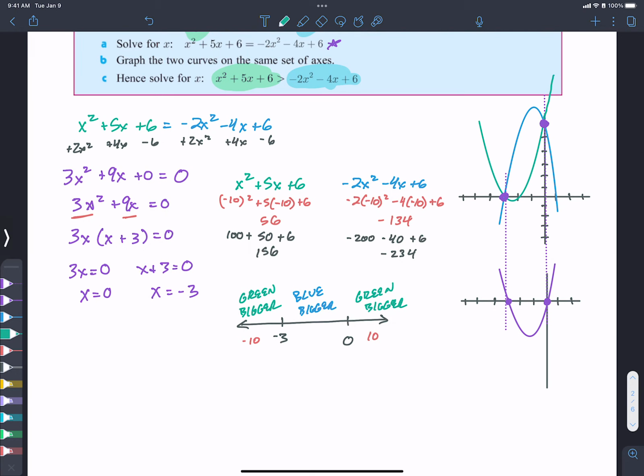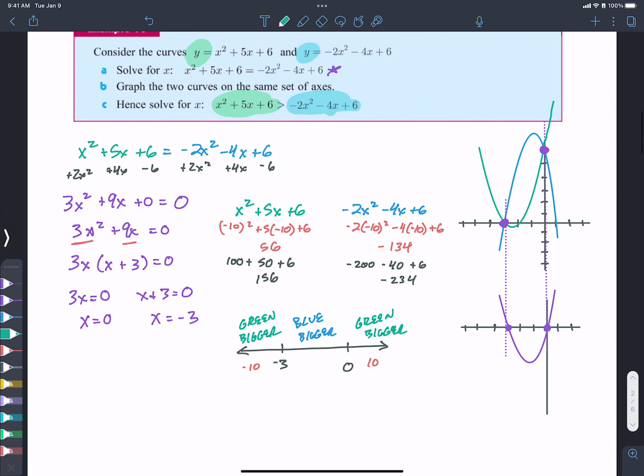The green equation is bigger when x is less than negative 3 and when x is greater than 0. So don't get confused and put these values in there. Make sure you keep in mind this is the boundary.